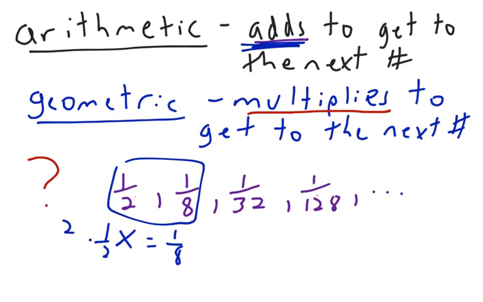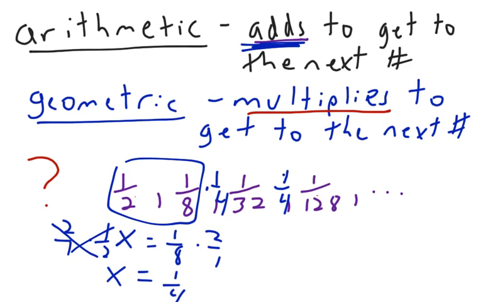So if I multiply by the reciprocal 2 over 1, x would give me 2/8, which is 1/4. So if I multiply the next one by 1/4, 1/8 times 1/4, that gives me 1 over 32. If I multiply the 1 over 32 by 1/4, it gives me 1 over 128. So this one's definitely going to be geometric, and our common ratio is 1/4.